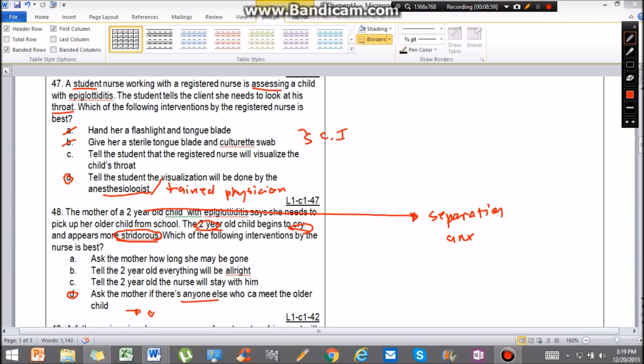You assess first if there are alternatives to the part wherein the mother will fetch the older child. Now you need to try to find another alternative to this. Okay, so if there's really no choice, then you may choose another answer.